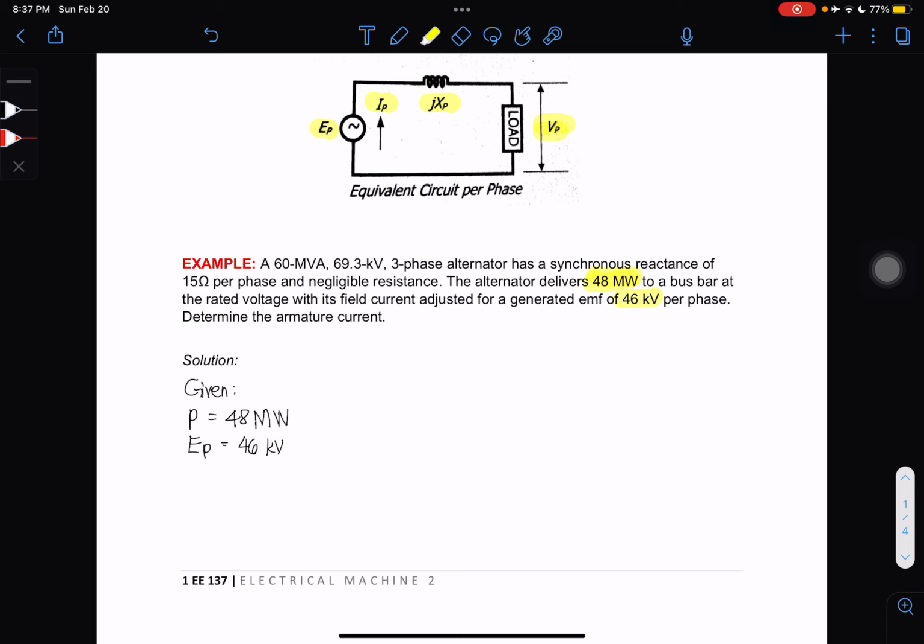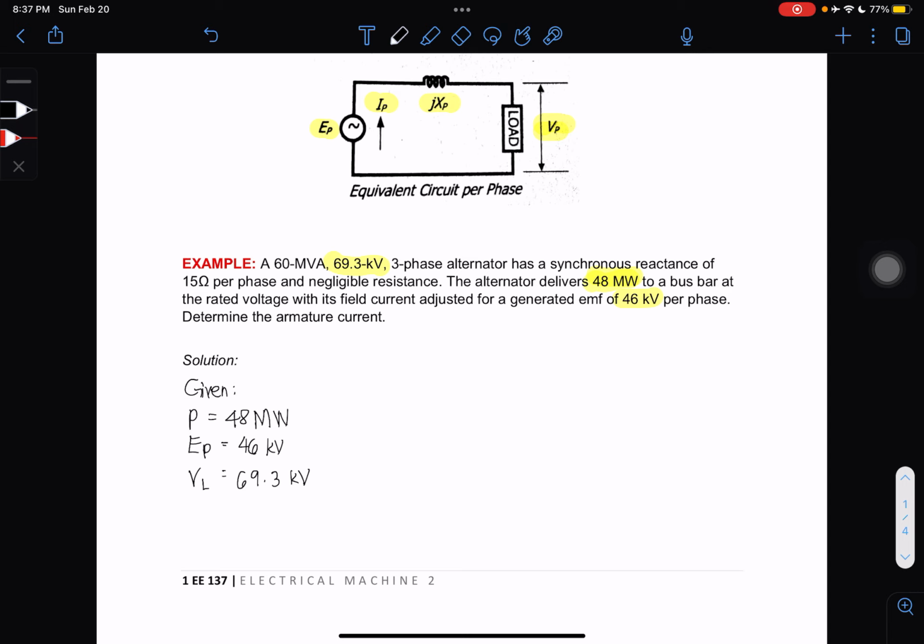And we have our VL, 69.3 kilovolts. And naghatag siya og XP na to, synchronous reactance.